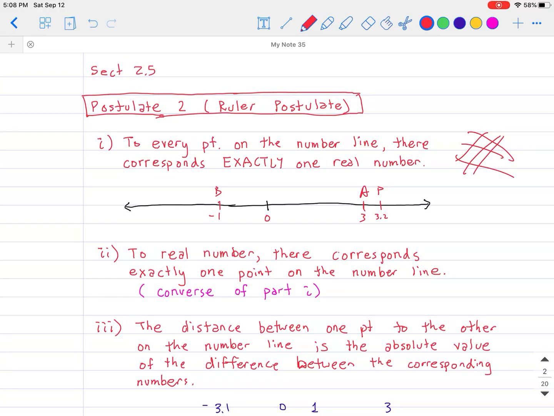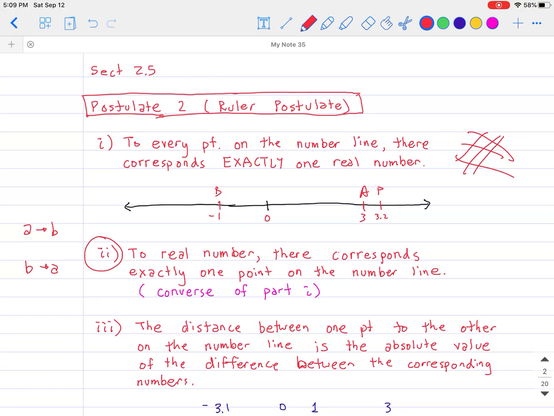So this right here, number 2 of postulate number 2, is the converse of what I just said, meaning it's the reverse of what I just said in part A. If you remember back in the logic section, if I have A implies B, then this right here is going to say B implies A. So that's the converse of it.